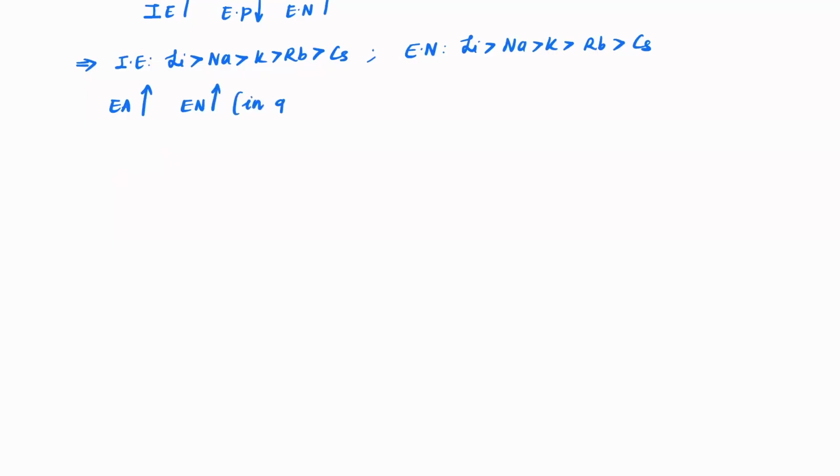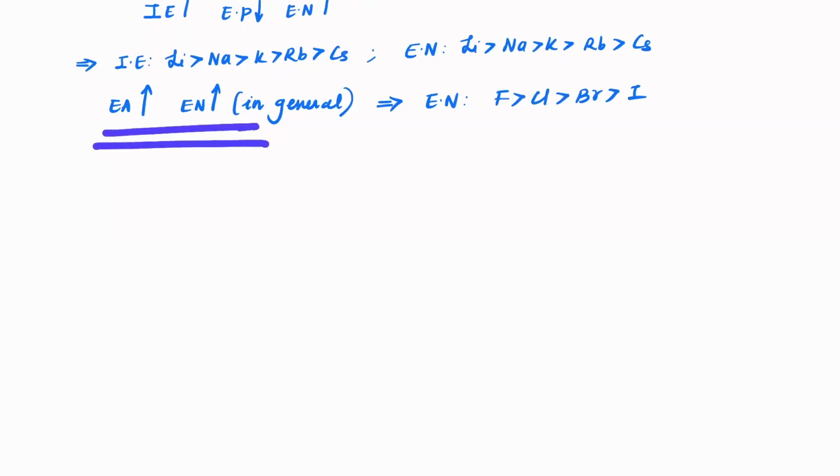In general, of course, it is not followed in all the cases, but in general, this is how it varies. If you notice this example, fluorine is greater than chlorine, greater than bromine, greater than iodine. Of course, there is slight variation here, you know that. But generally, electron affinity increases means electronegativity increases.